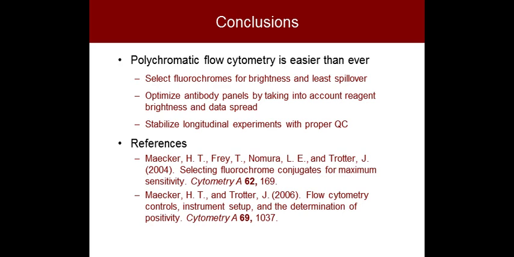But you do need to think about these points, which is basically that you select your fluorochromes for brightness and least spillovers, and that you optimize your choices of antibodies in terms of reagent brightness and the data spread between different channels. And then also think about your longitudinal QC.